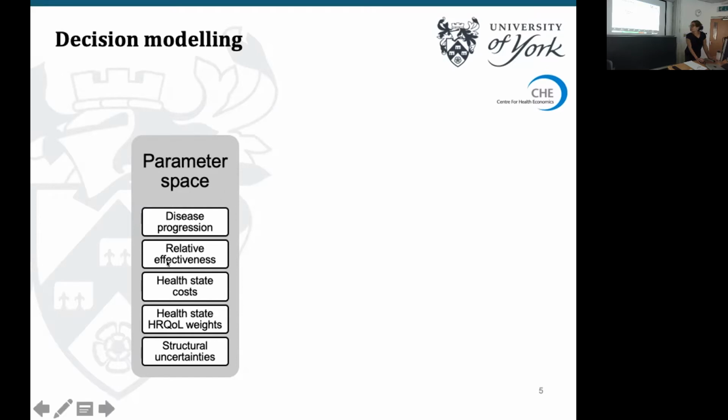So randomized controlled trials. We include evidence on costs, on quality of life weights, which are just measures of how much quality you live your life in, and account for morbidity. Obviously, in putting these models together, there's always structural uncertainty.